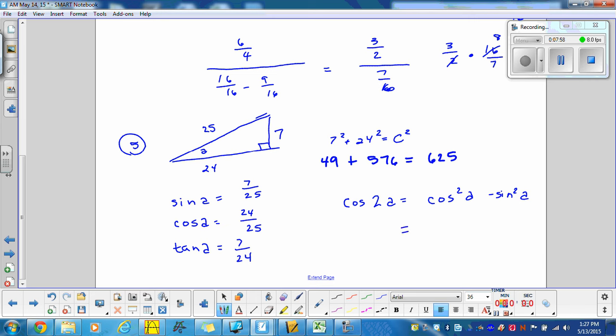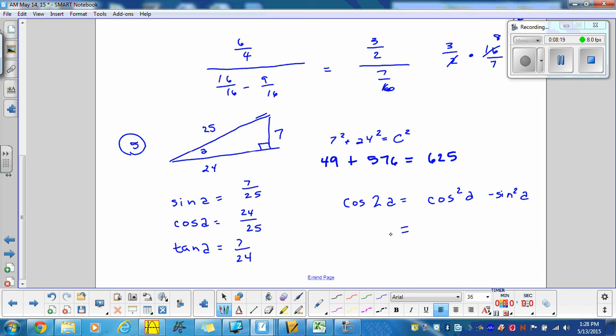We could have really picked any one, and the reason they give you 3 different ones is in case you only have the cosine or the sine, either of them.